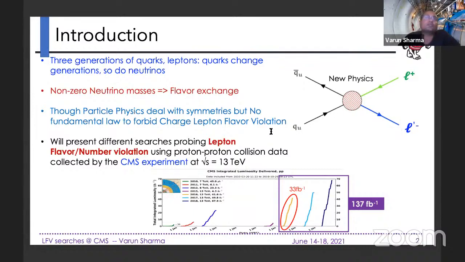There are different searches done at CMS to probe lepton flavor and number violations, using the proton-proton collision data at 13 TeV. For the searches that I'll present today, at least one search uses the entire full Run-2 data, which was collected from 2016 to 2018 and corresponds to 137 inverse femtobarn. The rest are done with 33 inverse femtobarn of data, and are being updated with the full Run-2 data.